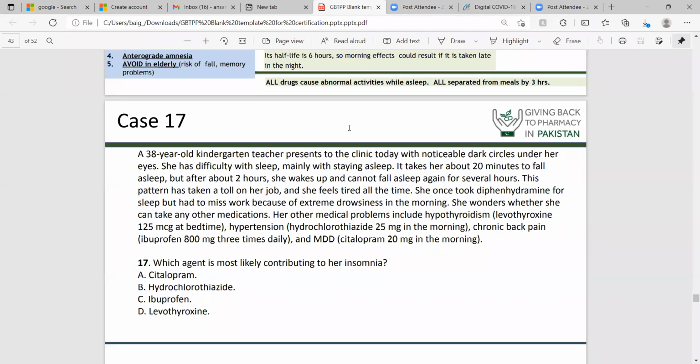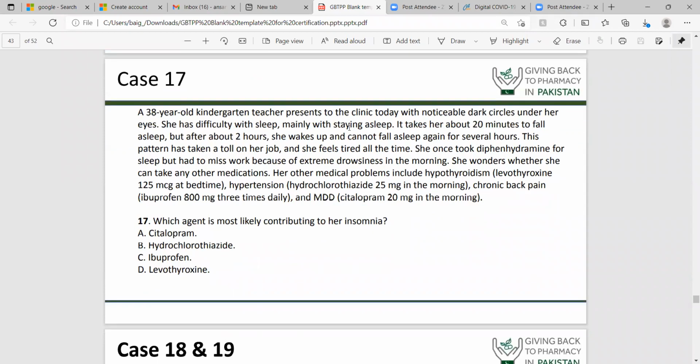The next case is a 38-year-old kindergarten teacher present to the clinic today with noticeable dark circle under her eye. She has difficulty with sleep, mainly with staying asleep. It takes her about 20 minutes to fall asleep, but after about 2 hours, she wakes up and cannot fall asleep again for several hours.